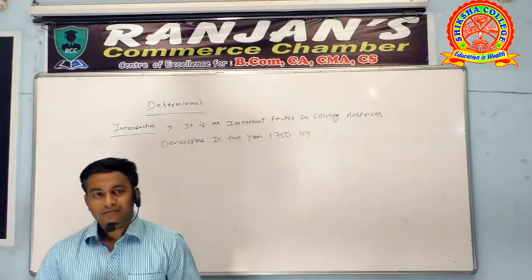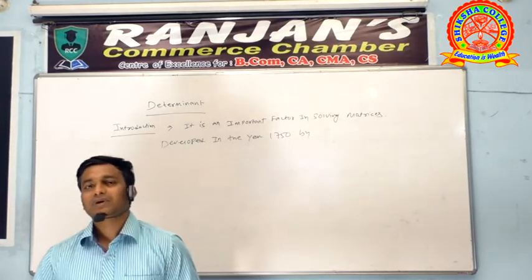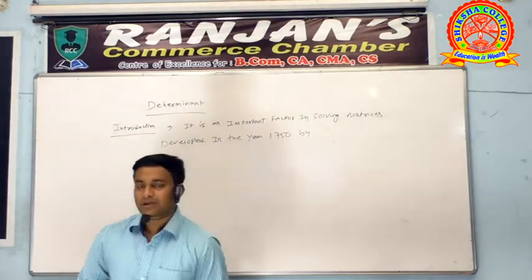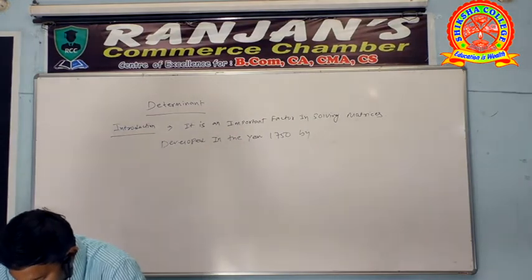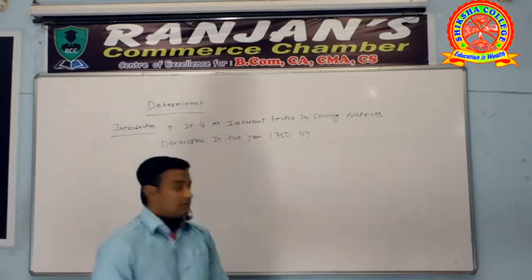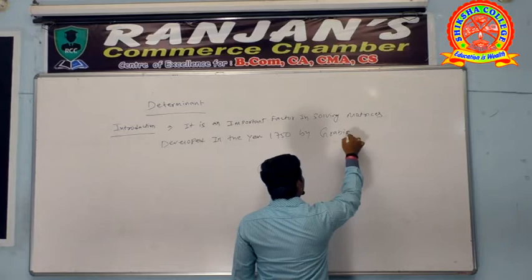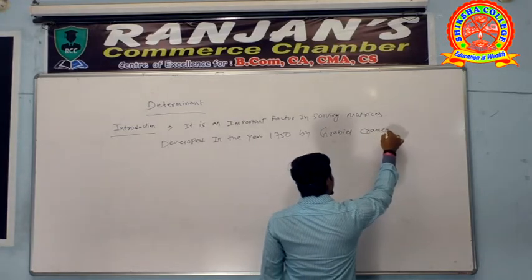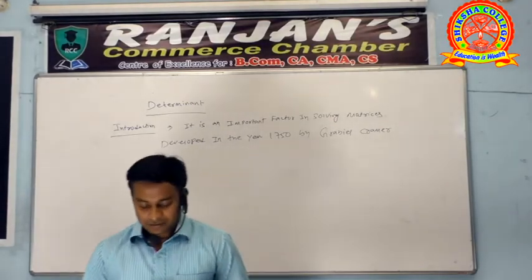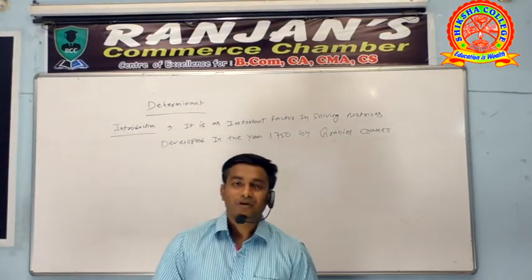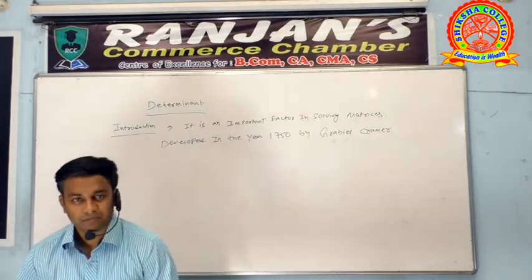So when there was a requirement for solving various equations, the determinant was developed, and it was developed and used by a famous mathematician, Gabriel Cramer, the famous mathematician who developed the determinant to support the concept of matrix.